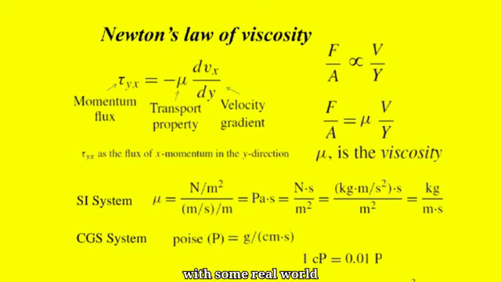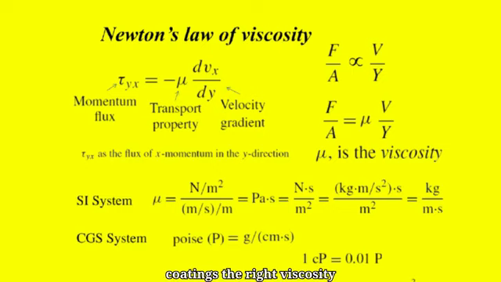Let's wrap up with some real world applications and a summary. In real world applications, it is used basically in lubrication. Engine oil needs the right viscosity to reduce wear and tear.